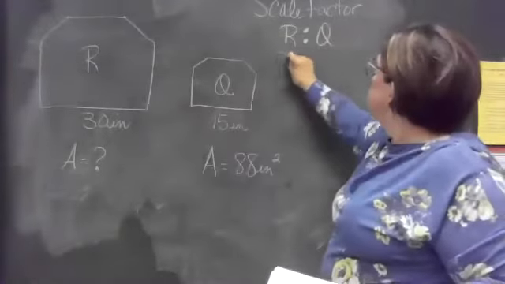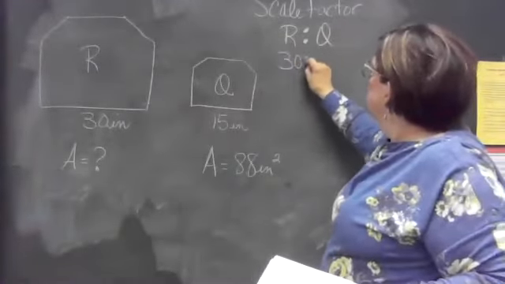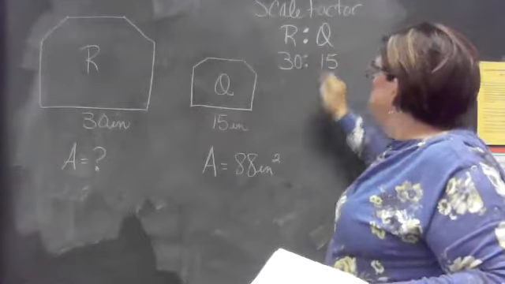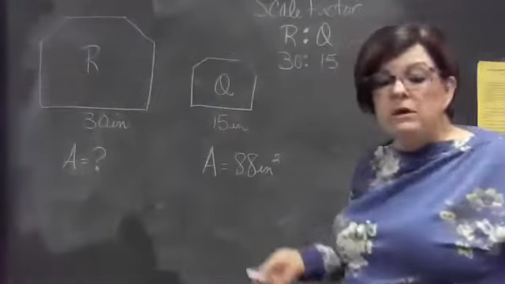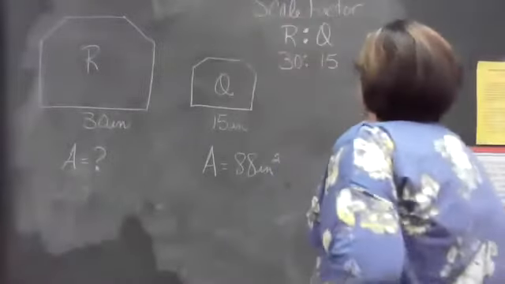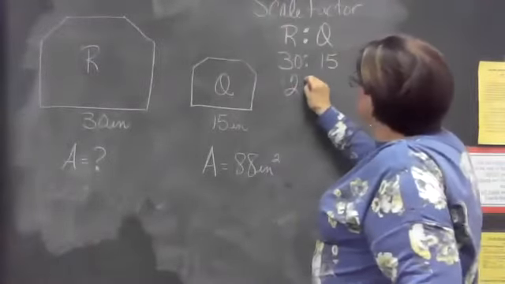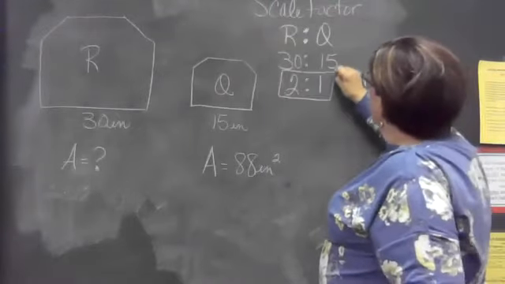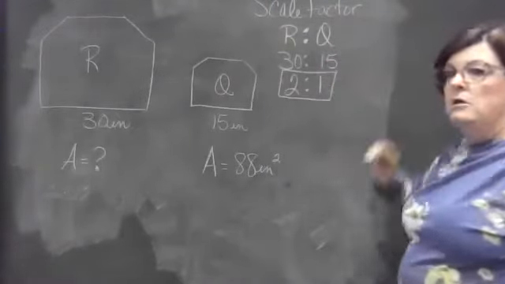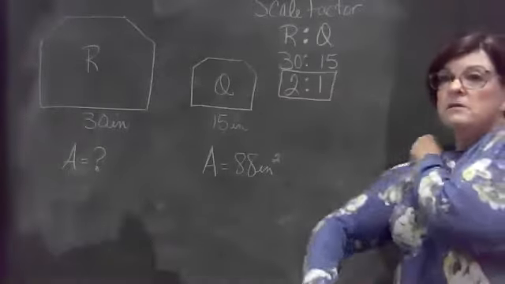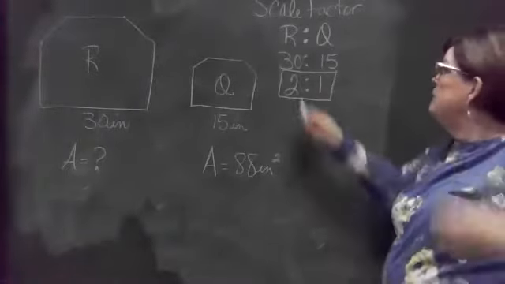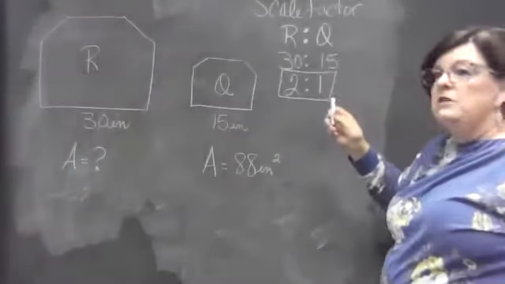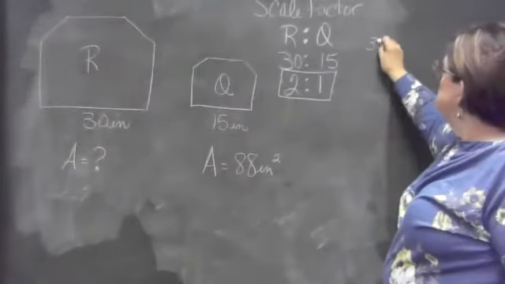So from R to Q is 30 to 15, right? Which, if we go ahead and simplify that, it's 2 to 1. So the simplified scale factor from R to Q is 2 to 1. Are y'all okay with how I did that? I divided both of these numbers by 15. It's like reducing this fraction.